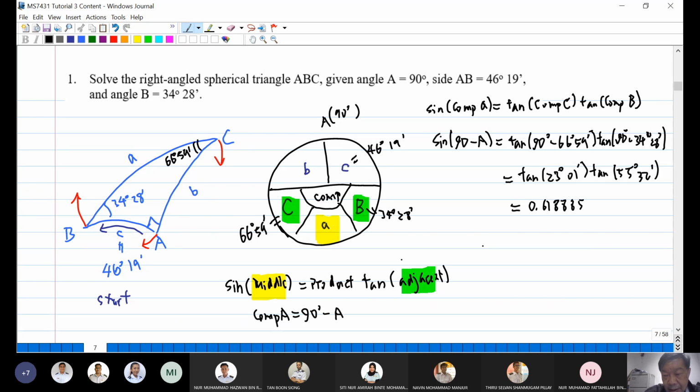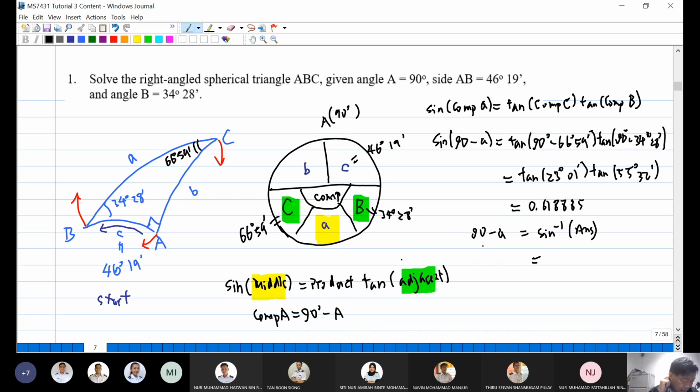Okay, so that means that 90 minus A now, angle A now. This is a small a, sorry. So this small letter A here is sine inverse of answer.